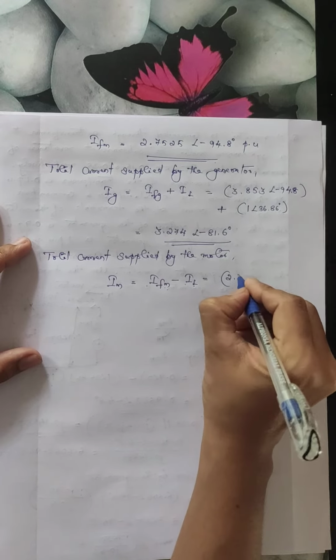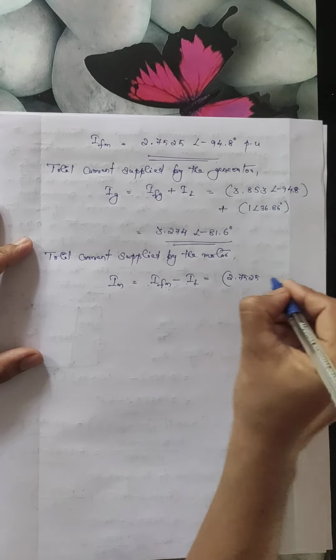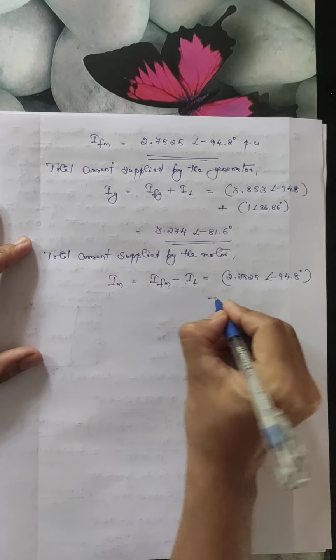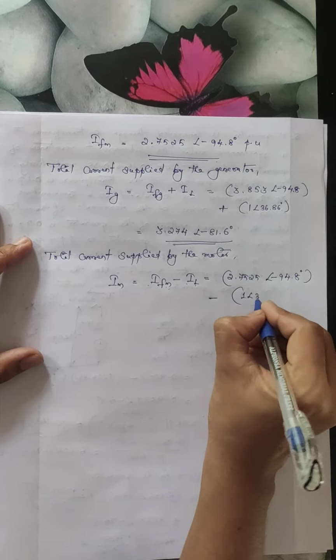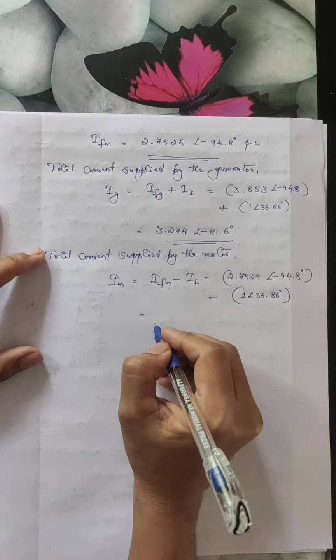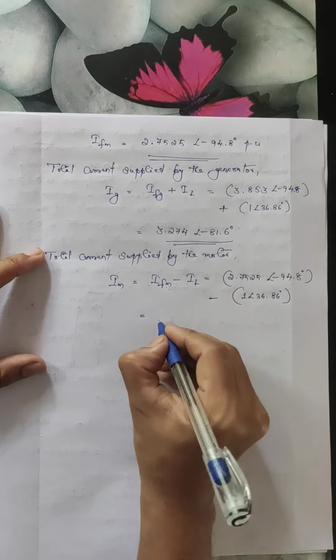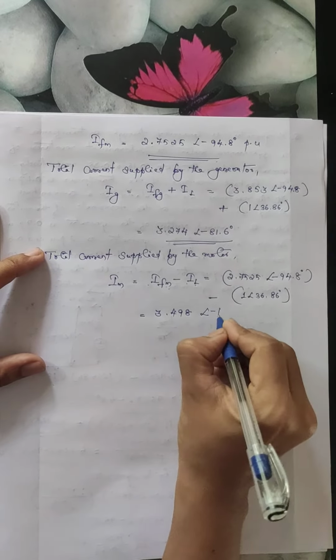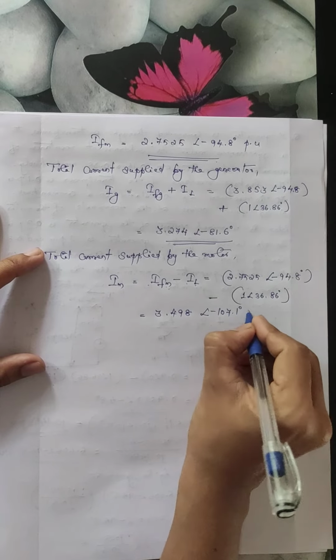So this will be 2.7525 angle minus 94.8 degree minus 1 angle 36.86 degree, which is equal to 3.498 angle minus 107.1 degree per unit.